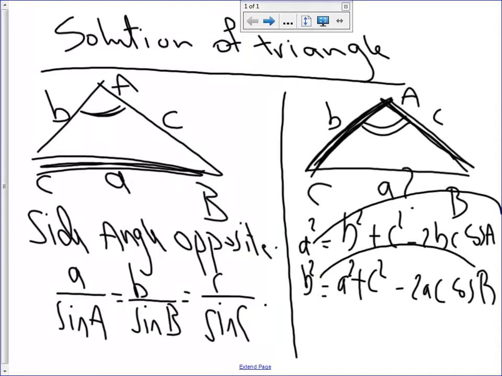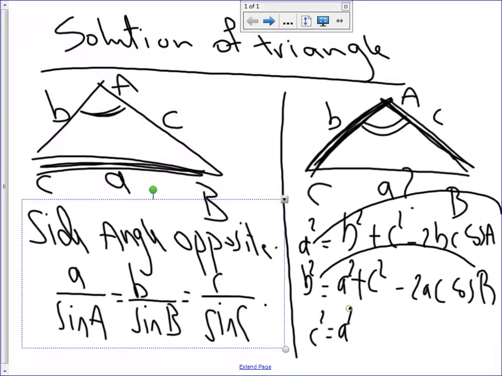If I have B small, I have here B capital. If I have here C small, so I make that C small squared is equal A squared plus B squared minus 2AB cosine of the angle between them, it means cosine of angle C.